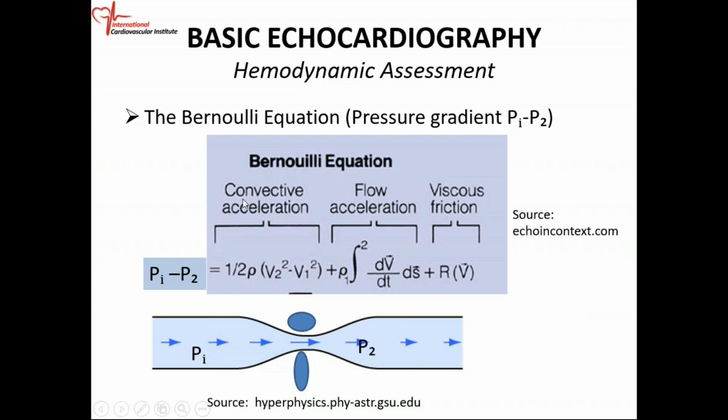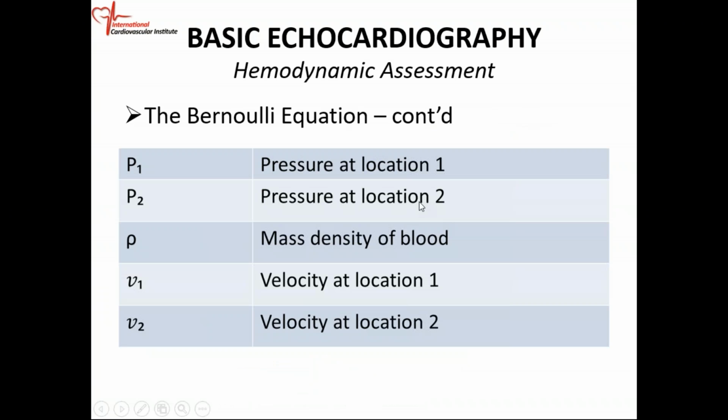So the gradient is convective acceleration, flow acceleration, and viscous friction. P1 is the pressure at location 1, P2 the pressure at location 2, and rho is the mass density of blood. V1 is the velocity at location 1, V2 is velocity at location 2.